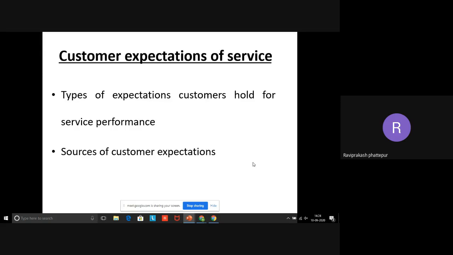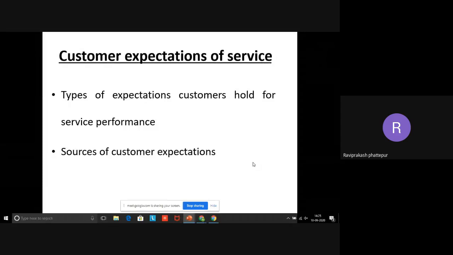Next, sources of customer expectations. Sources in the sense from where you get these particular expectations. One is your own experience, as I just gave you two instances. Your own experiences will help you. People or some other sources.